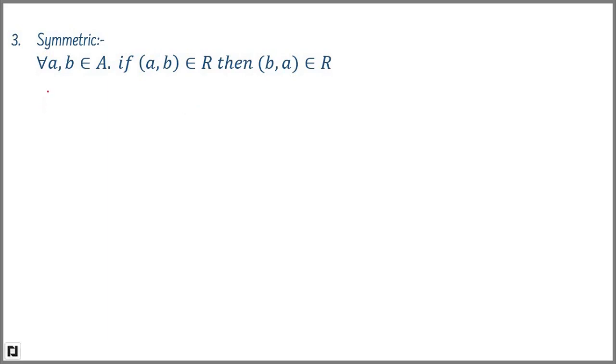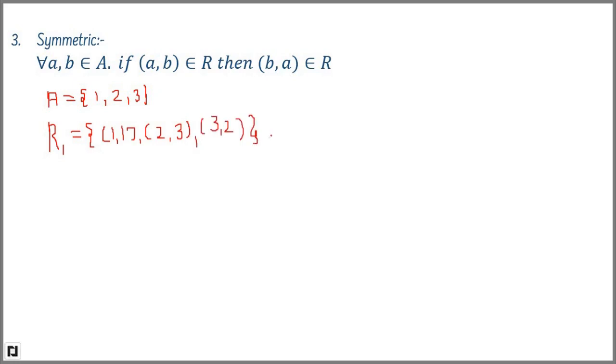If we have a set A which contains elements 1, 2 and 3, and we have a relation R1 which contains pairs (1,1), (2,3), then the relation R1 here is symmetric.